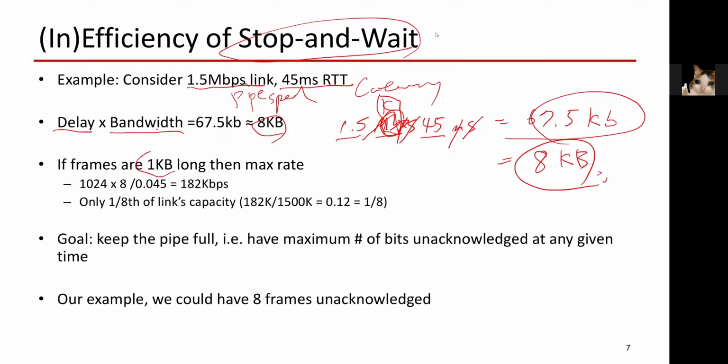Okay. So if the frames are 1 kilobyte long, I take 1 kilobyte converted to bits, divided by my latency, then my max rate is 182 kbps.